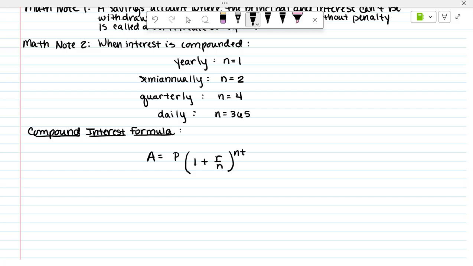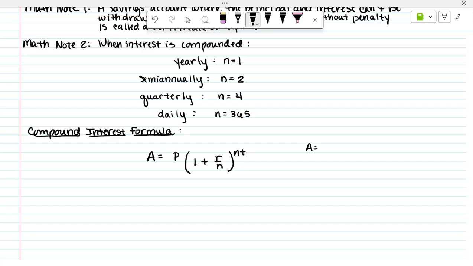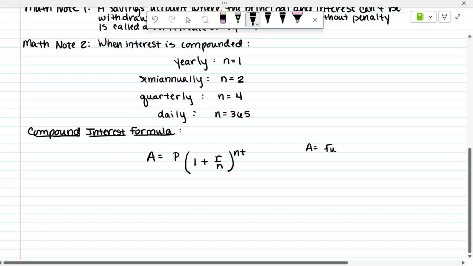P, of course, is my... well, what is A? A is the same thing as it was before. It's the future value. That's the total in the account at the end of the period, the end of the years, however many that is. P, of course, is my principal. R is going to be my rate.